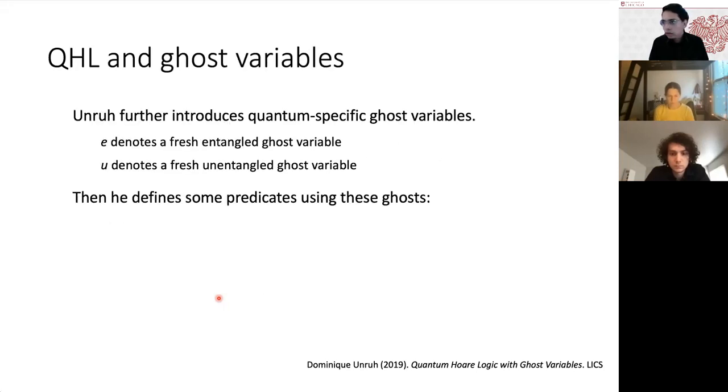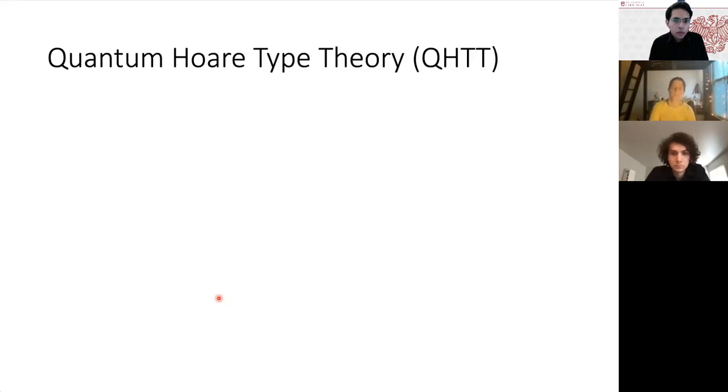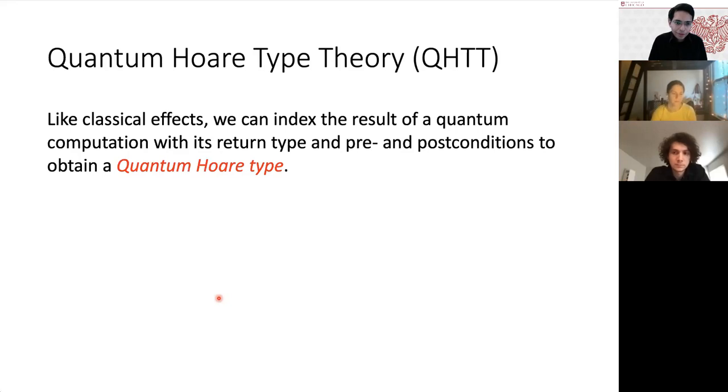Okay, let's move on. I see that I'm a little behind time, so I'll try to be mindful of time and introduce the rest of the work. This brings us to quantum Hoare type theory, where, as we saw in the classical setting, we can take a Hoare type and index it with the type of the result that a quantum computation will give us, and also its pre and post conditions.